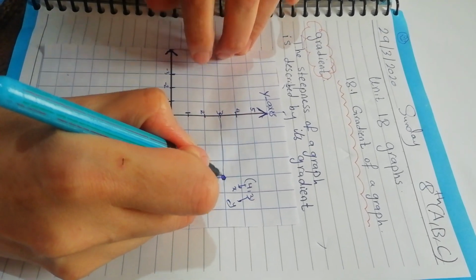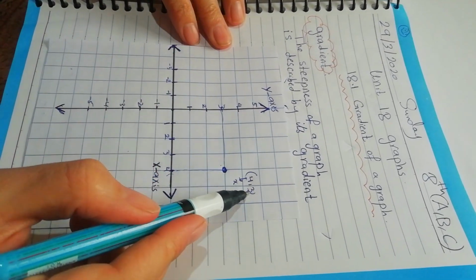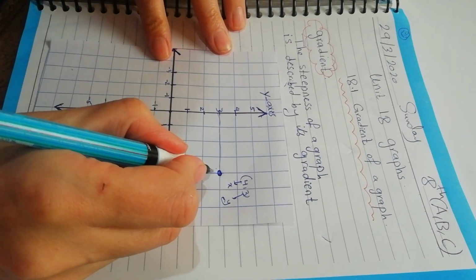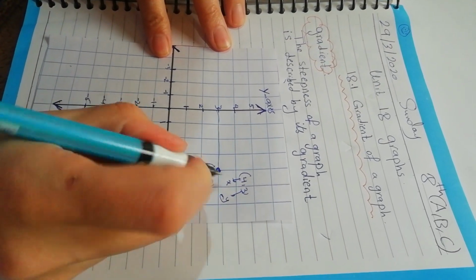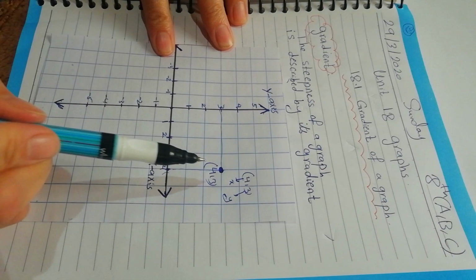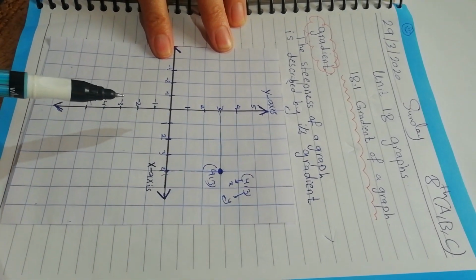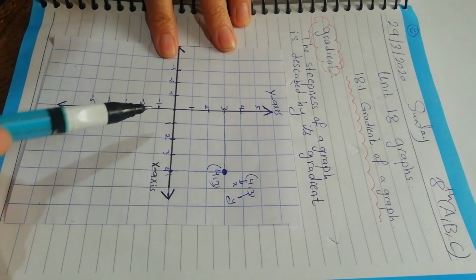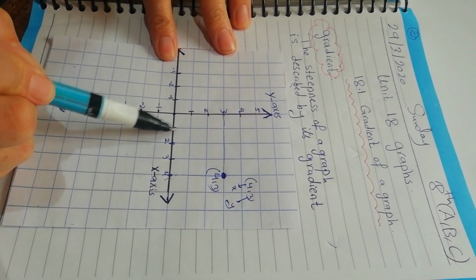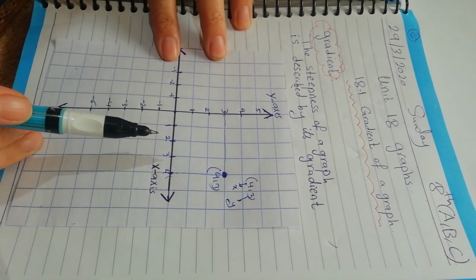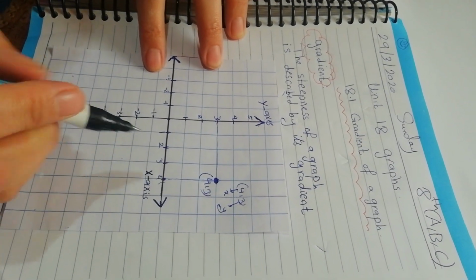So the location of 4, 3 is here. Let's say 1 and 7. This is 1 with 7 up. Let's say 2 with 0.